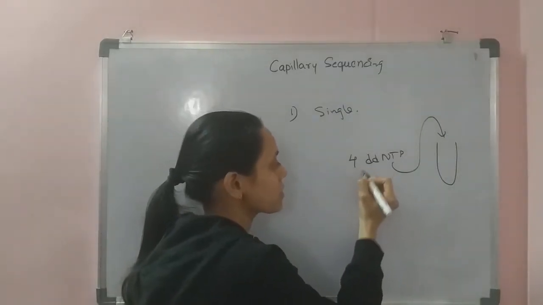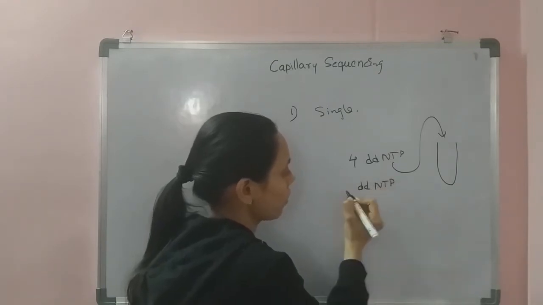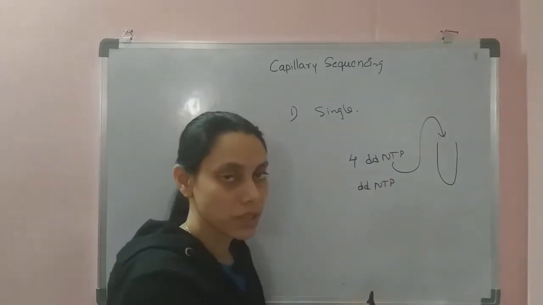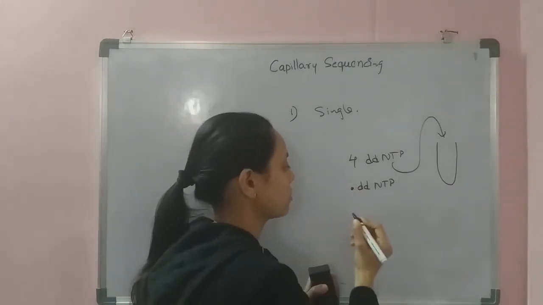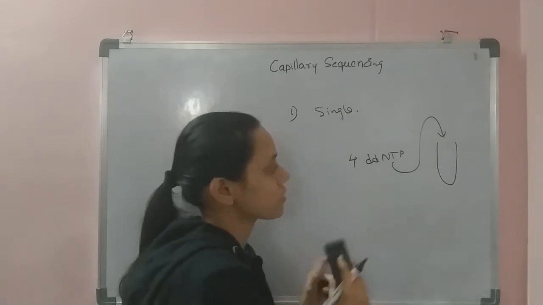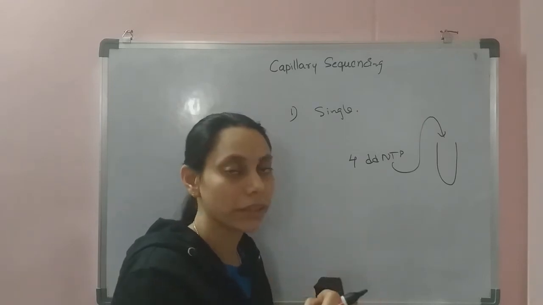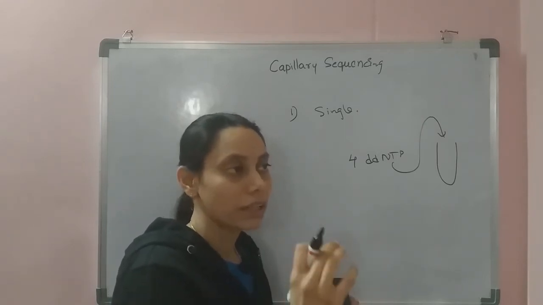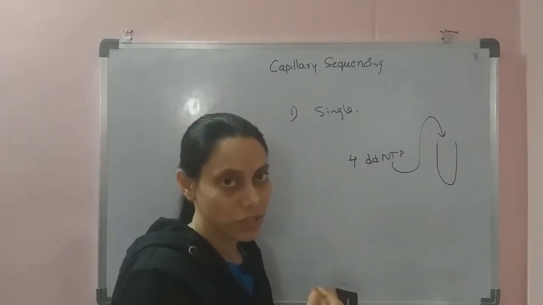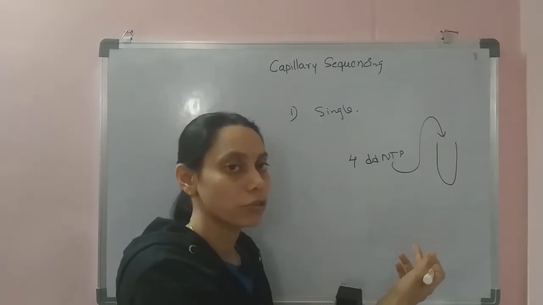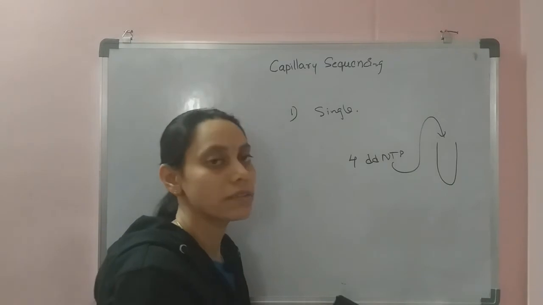The only difference is that here the ddNTPs are labeled. The 4 types of ddNTPs are labeled with 4 different color tags. So based on the type of ddNTP added at the end of the fragment, it produces a different signal. So 4 kinds of signals will be obtained in a single reaction tube. Hence within a single reaction tube we can obtain the sequence of the DNA.